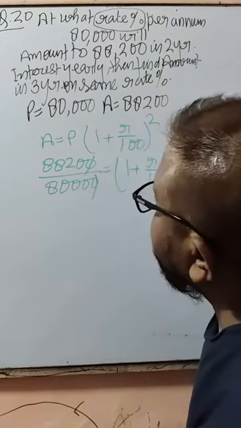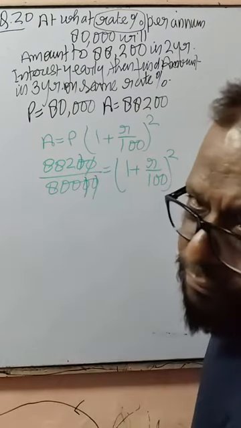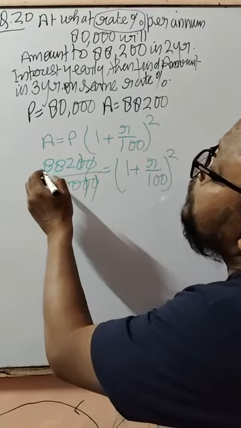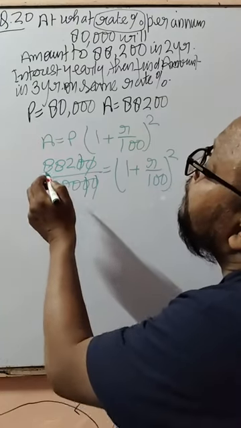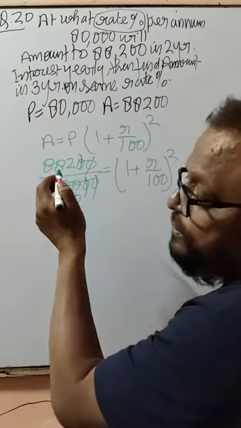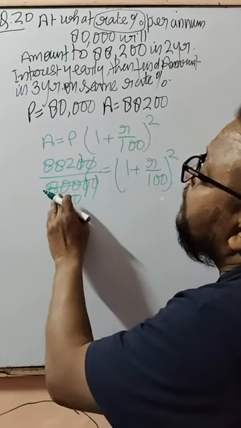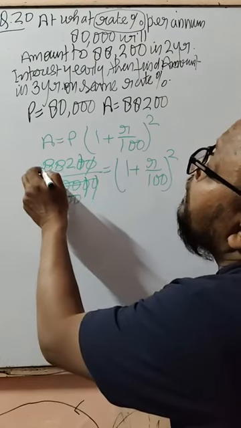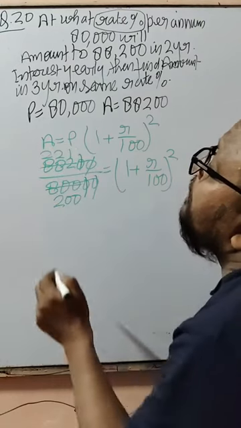Two zeros are cancelled. Then 2 times 4 becomes 8, so 400, and here 2 times 4 becomes 8 and 2 times 1 becomes 2.